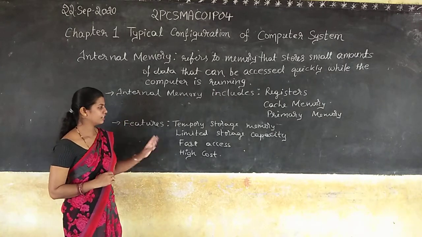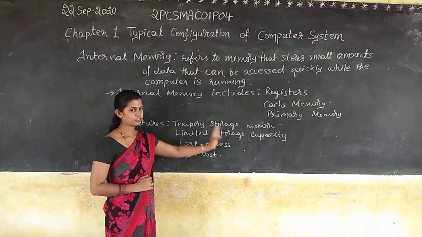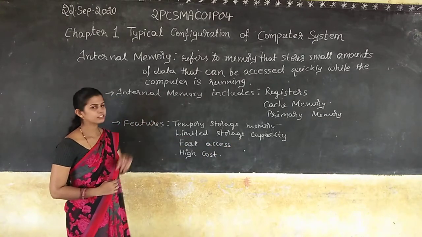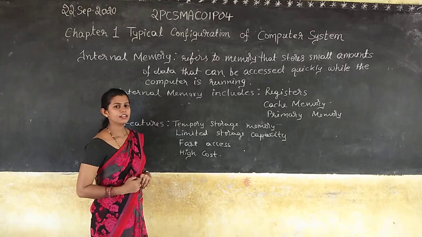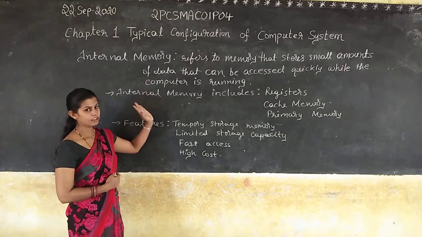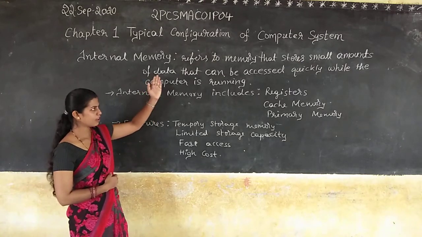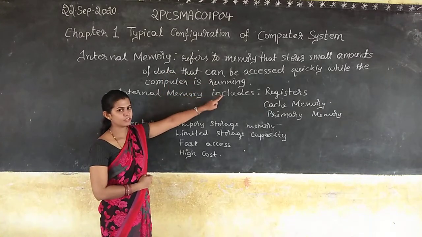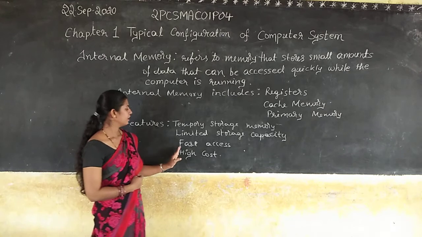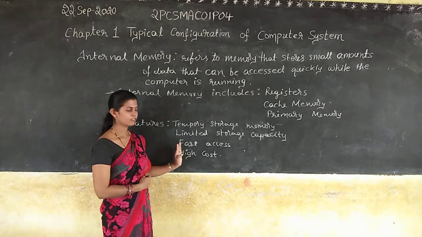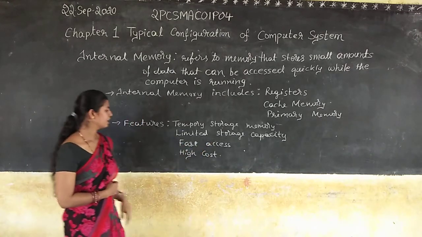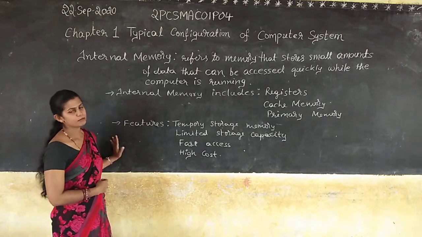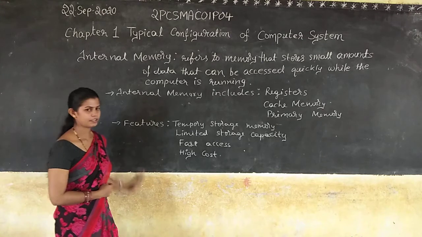Fast access, whenever the computer requests the data, memory allows the computer to access the data quickly. Next is high cost. The cost of internal memory is very high.